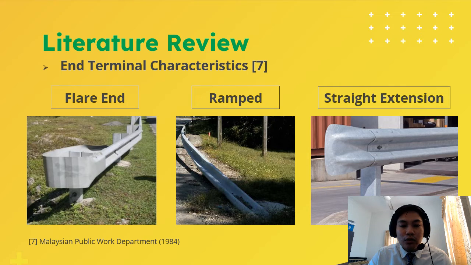Ramp terminal is also known as turn down terminal. The end of the guardrail is twisted and buried into the soil. The last one is the straight extension. Straight extension is the additional length of the W-beam guardrail itself by adding end treatment such as fishtail and buffer end.